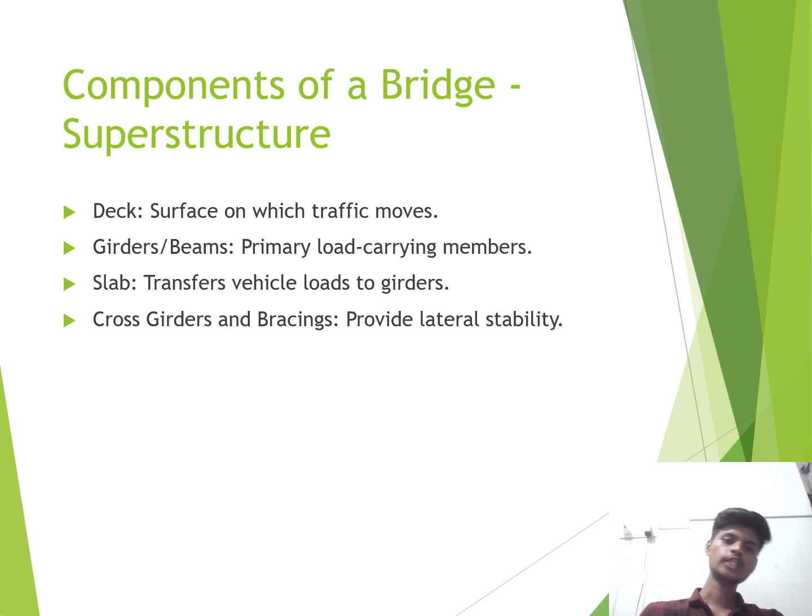Third one is slab, which transfers the vehicle load to girder. The slab transfers the load of the moving vehicle to the girder, and then the girder passes it on to the abutment. Cross girder and bracings provide lateral stability to the bridge.